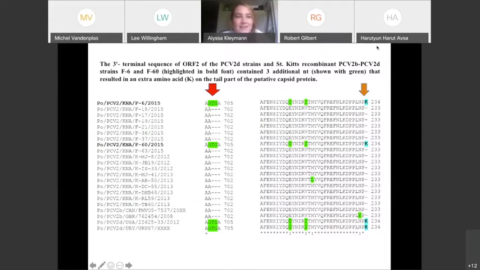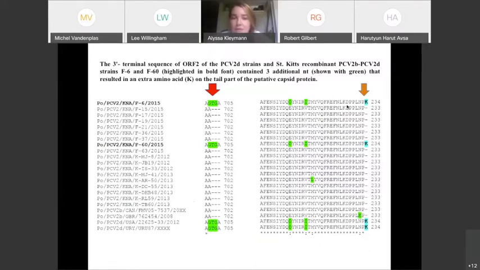Now I would like to show you the 3' terminal sequence of ORF2 of the PCV2D strains and the St. Kitts recombinant PCV2B, PCV2D strains, F6 and F60. And they contained 3 additional nucleotides, shown here in green, that resulted in an extra amino acid, lysine, on the tail part of the putative capsid protein.